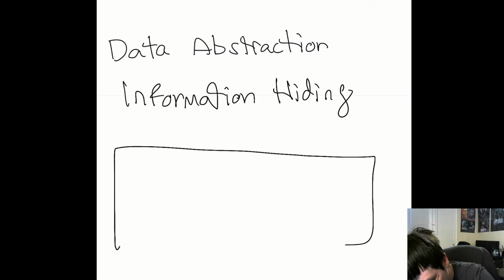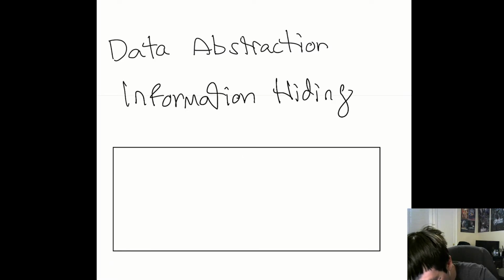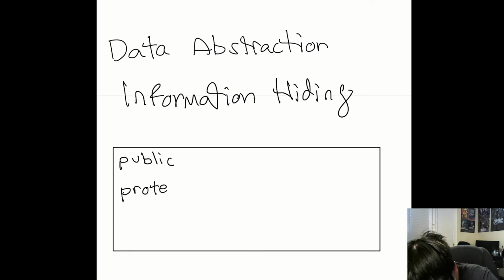There we go. Okay, so for now, I'm going to go ahead and write the word public. And then I'm going to write the word protected, but we're going to leave this section incomplete for now, and then revisit it in the next lectures when we talk about inheritance.